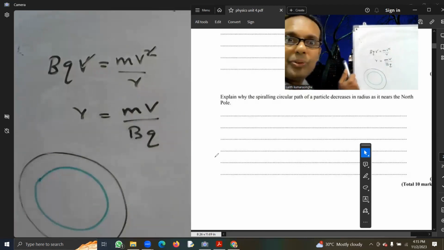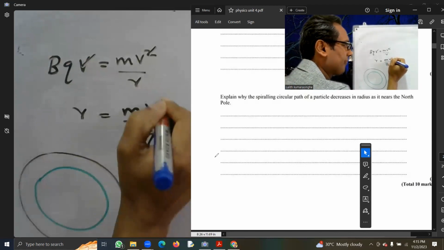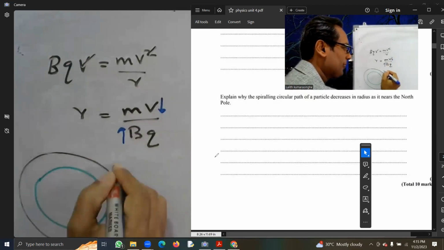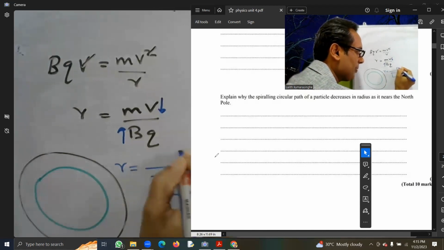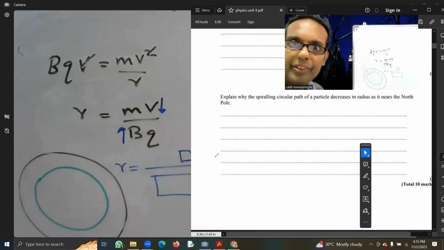The particle will slow down, so v is decreasing. Magnetic field is increasing. Now both will give a larger denominator, a smaller numerator, either way. R is decreasing. That's another way of answering the question, not using the given equation.